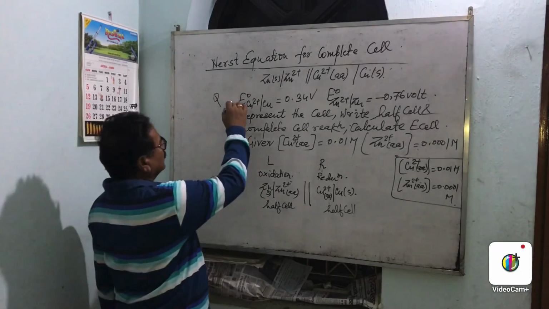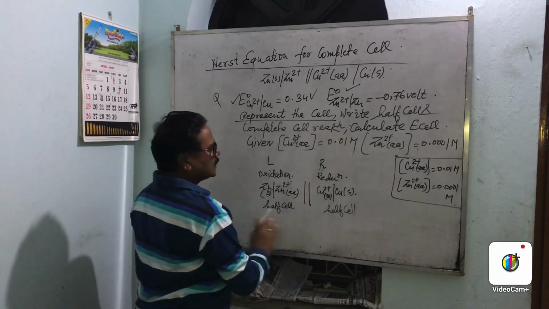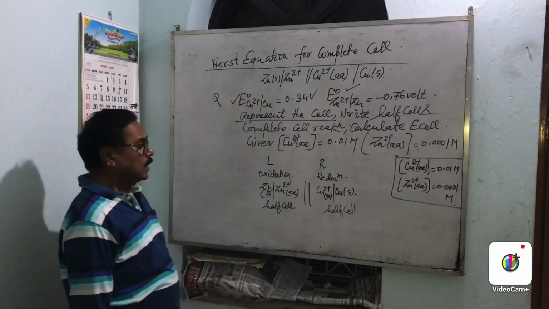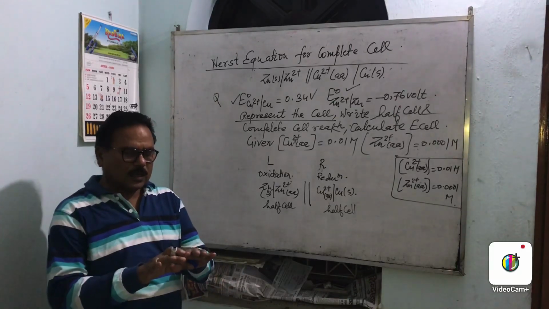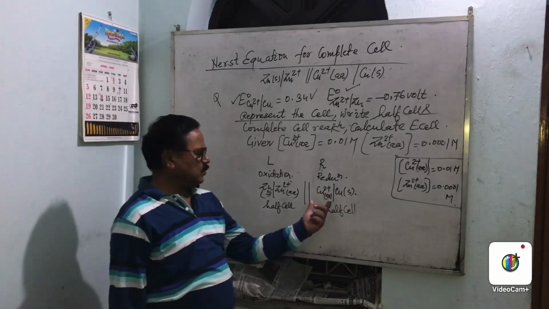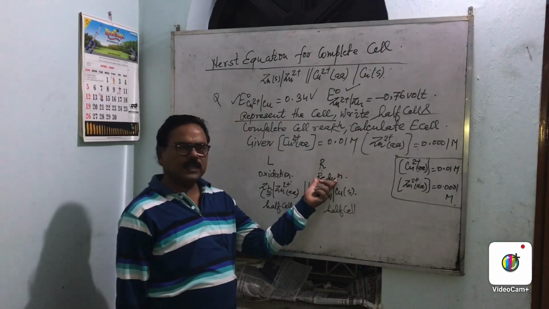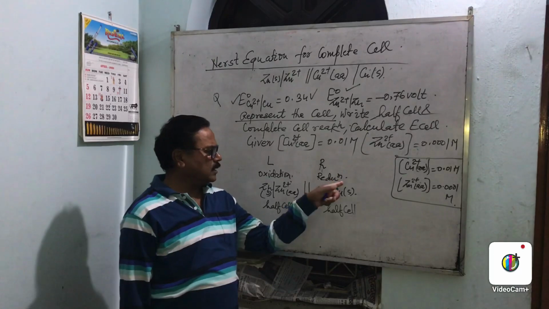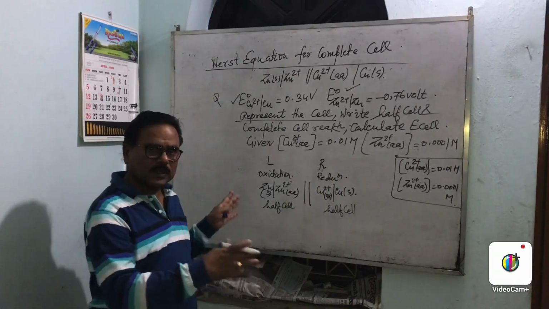So the question gives E0 and asks to represent the cell; this is the cell representation. You should keep one thing in mind for the correct representation of the cell. On the right side, reduction always takes place, meaning copper 2 plus ion to copper. And this complete cell is a redox reaction.